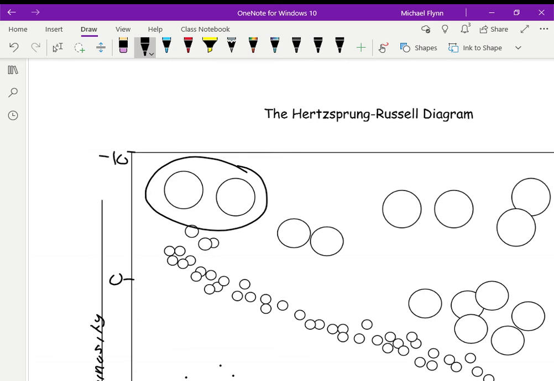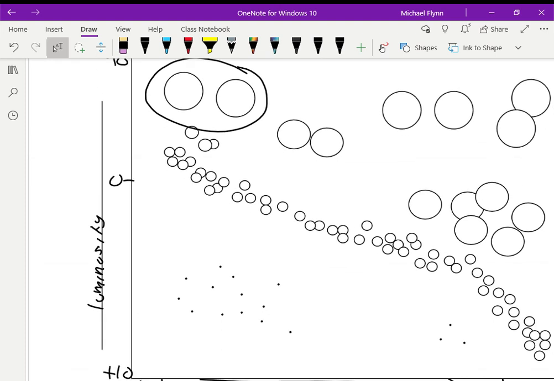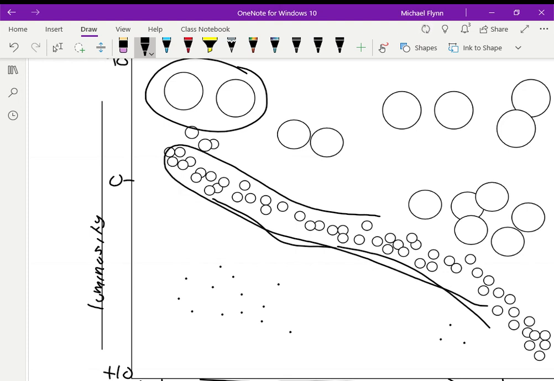Like I said, it's a way of organizing the star types that we've discovered so far: the blue hypergiants, the yellow giants, the red giants and hypergiants, and the main sequence stars, which are all around the same diameter but vary in temperature across the main sequence. If I circle this whole area, those are the main sequence stars.